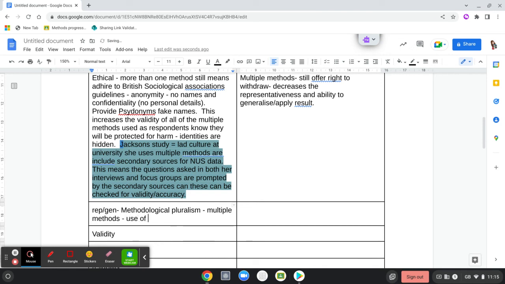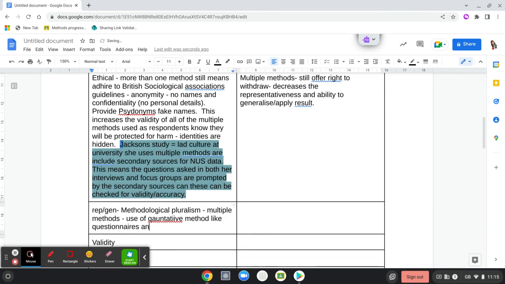with the use of quantitative methods like questionnaires, go easier first, questionnaires and structured interviews.